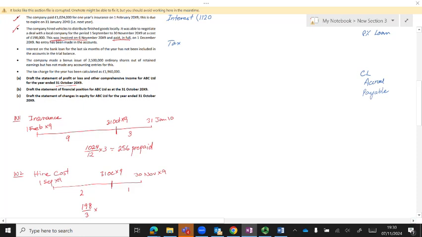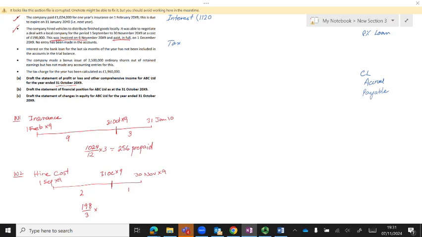That means at 31st of October 2009, we still had to pay for these 2 months. So that means it was outstanding. If we read again, this invoice was received on 6th of November 2009 and paid in full on 1st of December 2009. So that means it was paid after the year end.